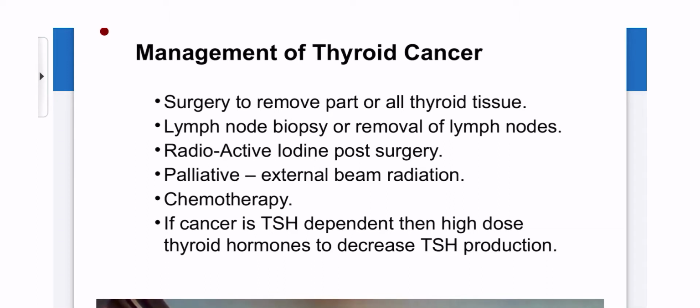So let me say that again. If the cancer causes thyroid stimulating hormone, then we would just give high doses of T3, T4 so that the TSH can drop, and therefore the cancer is going to have more trouble.